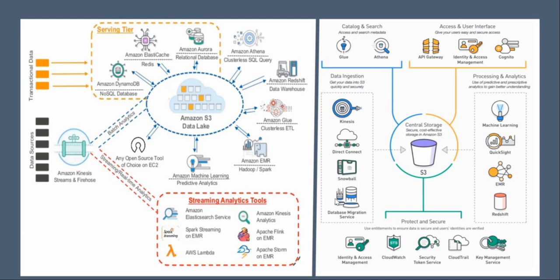Some of the points you can quickly take from these kinds of complex diagrams is that S3 is the central storage for data lakes. You will have QuickSight for reporting, which is one of the reporting tools. You will have Glue for serverless ETL.